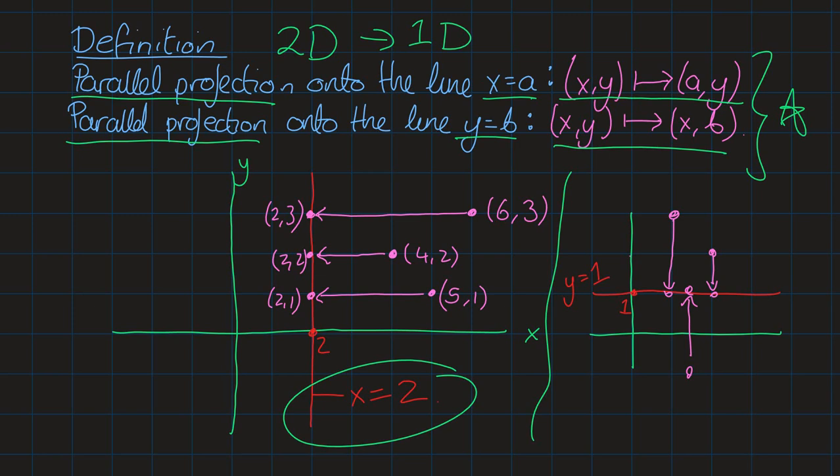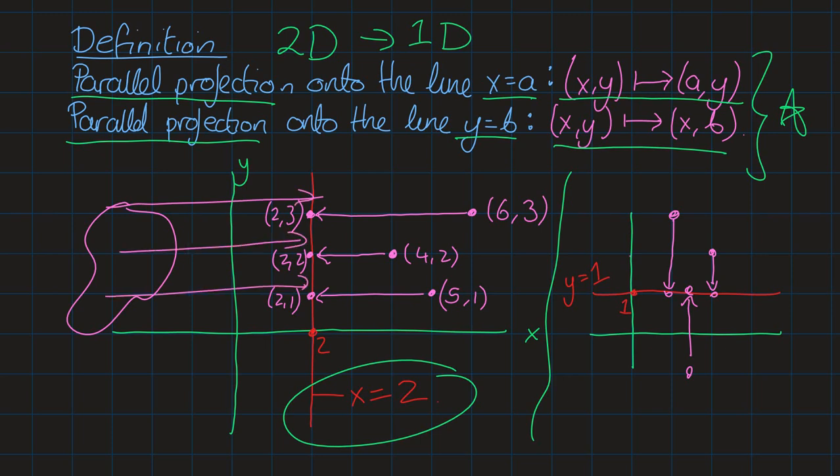One way to think about parallel projection is, if you have some two-dimensional figure, you're literally just squishing it into the red line. You're completely flattening it into the red line in a parallel way. So all of these arrows are parallel.